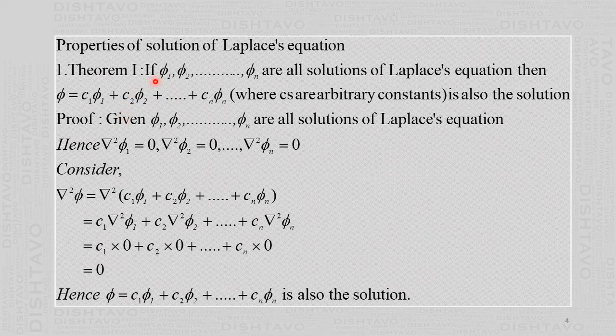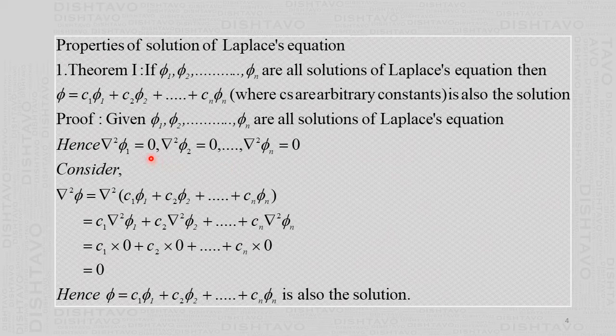Since we are given that phi 1, phi 2, up to phi n are solutions of Laplace's equation, they satisfy Laplace's equation. That means if you substitute those solutions, the equation will be satisfied; the left hand side will be equal to the right hand side.